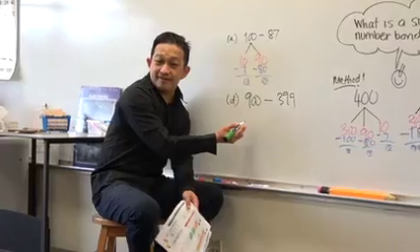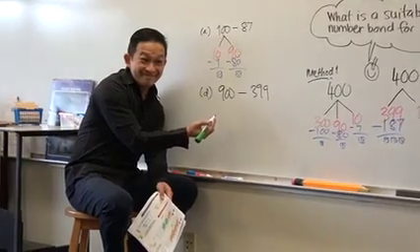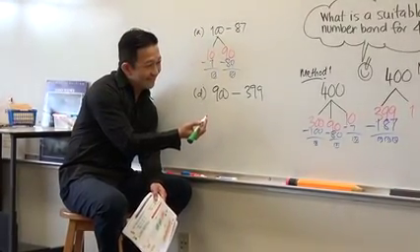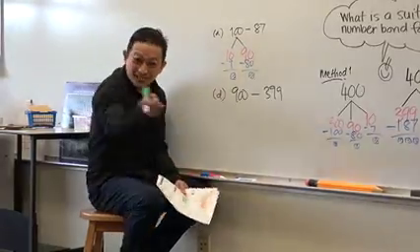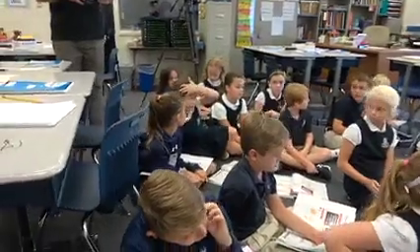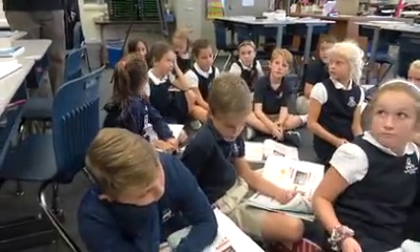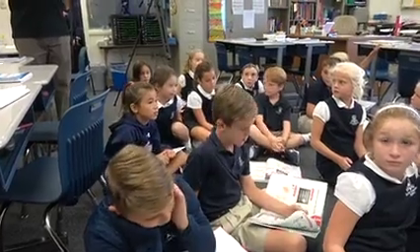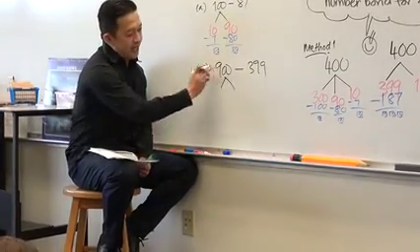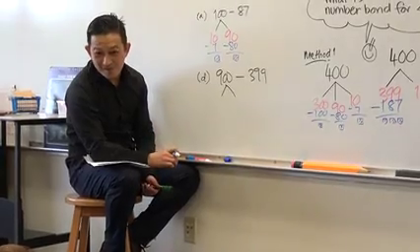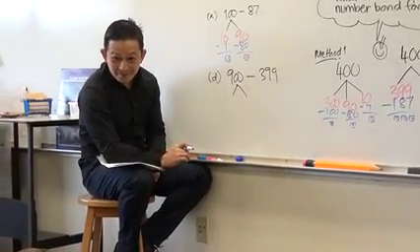Any thoughts? Alright, anyone before we finish? Yes, please. I think that you could do 399 and add 1. So how would you break 900 up?